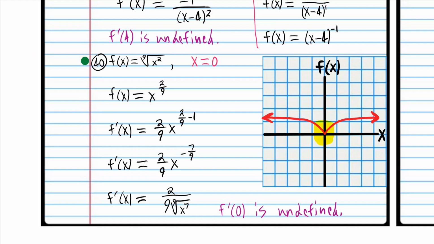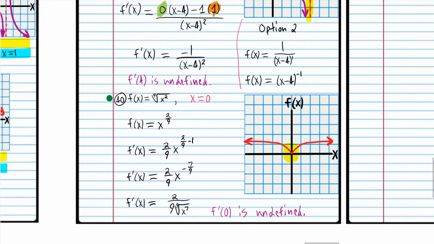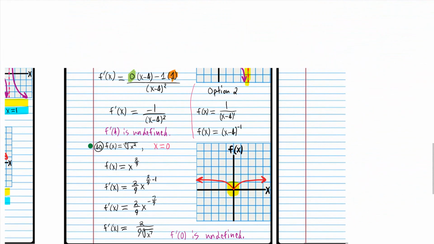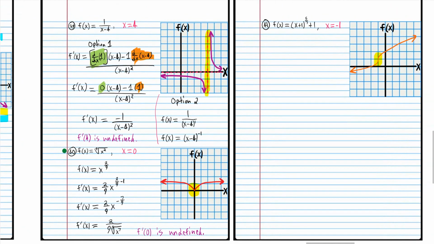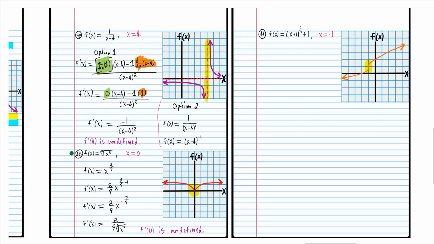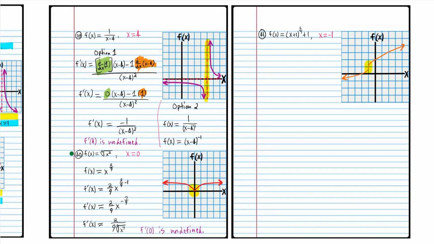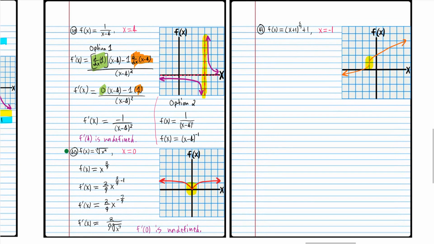Okay, we're back. So if you got that right, good. So we're just explaining why some functions are not differentiable at certain x values, why you cannot find the derivative of a function at certain x values. So over here we have a vertical tangent line at x equals -1.